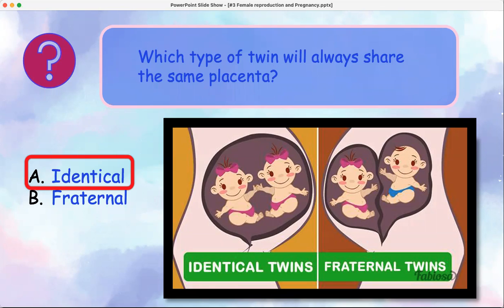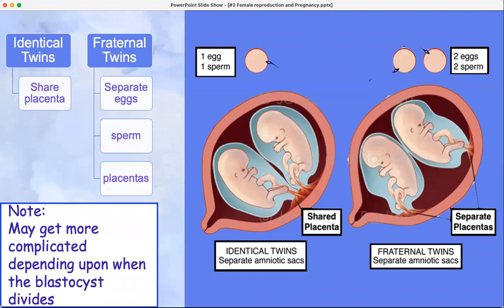So they're identical are coming from the same ovum, one egg, one sperm, and early on, the blastocyst divides and creates 2 identical twins. Now with fraternal twins, they have separate amniotic sacs, they have separate placentas. They can be male, female, or 2 males or 2 females, but identical twins are the same gender sharing the same placenta.